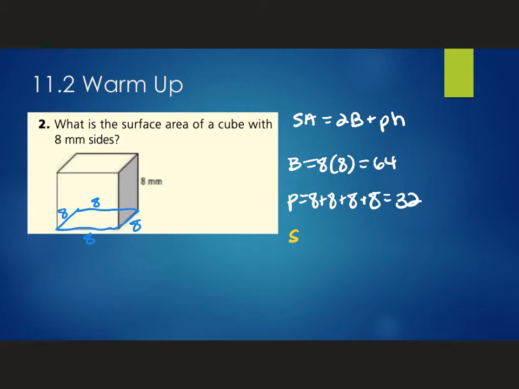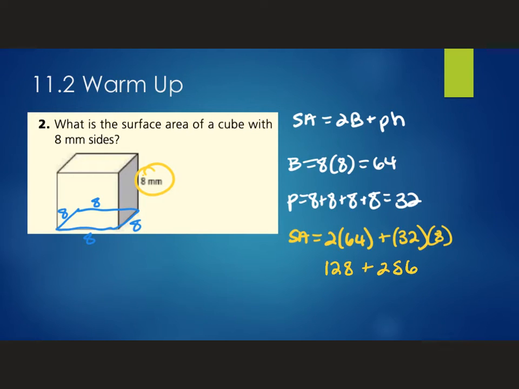So then the surface area equals 2 times b, which is 64, plus the perimeter, which is 32, times the height, which is also 8. Two times 64 is 128. 8 times 32 is 256. 128 plus 256 is 384.